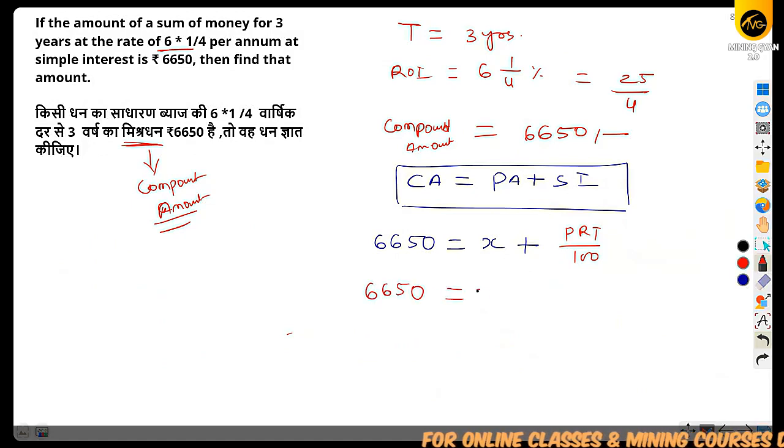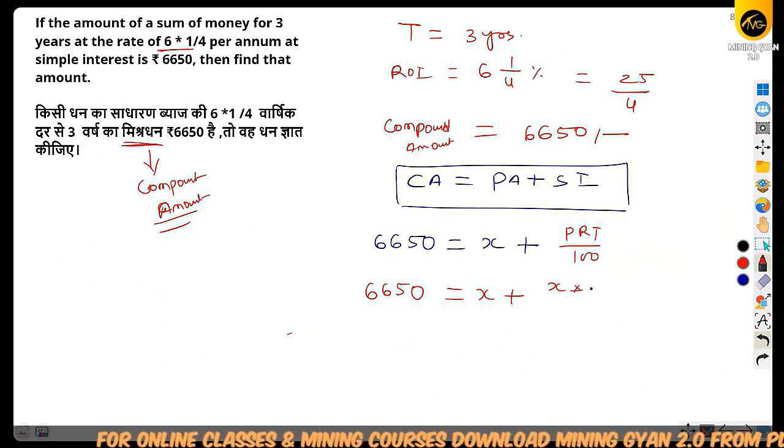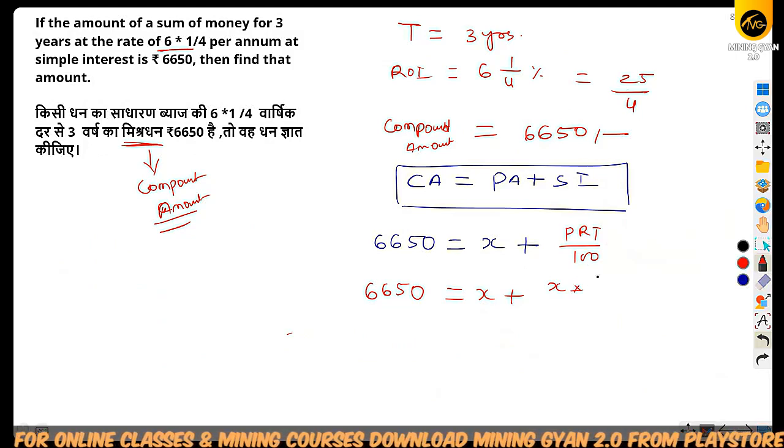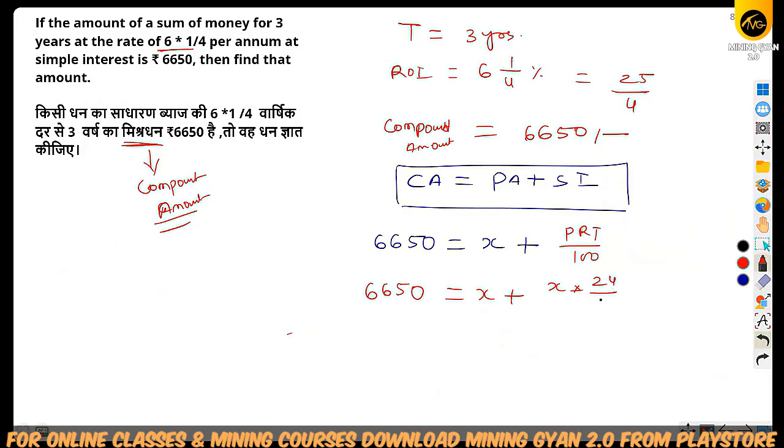So 6,650 rupees is equal to x plus, what is P? Basically P is the principal amount, which we have already assumed as x. So x into R, R is 25 divided by 4, into time duration, which is 3 years, and whole divided by 100.